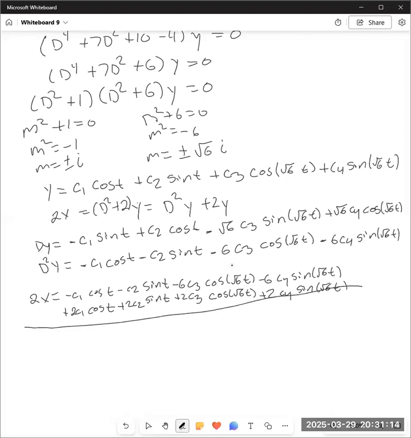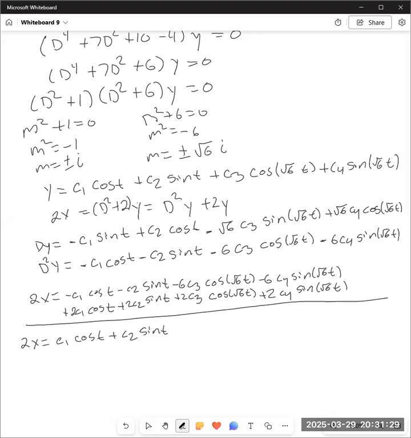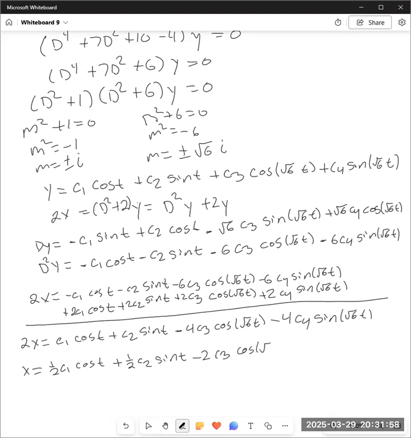So that's going to be 2x is equal to c1 cosine of t plus c2 sine of t minus 4c3 cosine √6 t minus 4c4 sine √6 t, making x equal to 1/2 c1 cosine of t plus 1/2 c2 sine of t minus 2c3 cosine √6 t minus 2c4 sine √6 t.